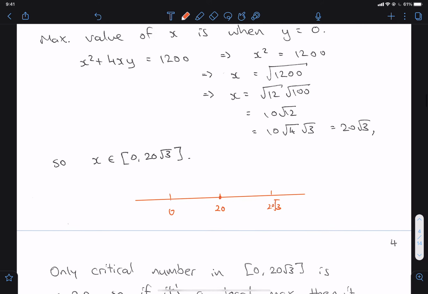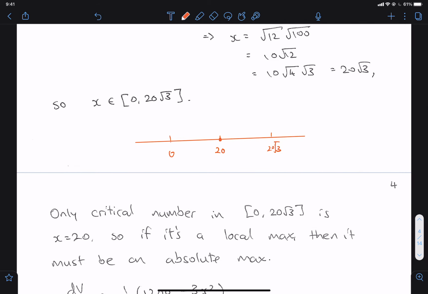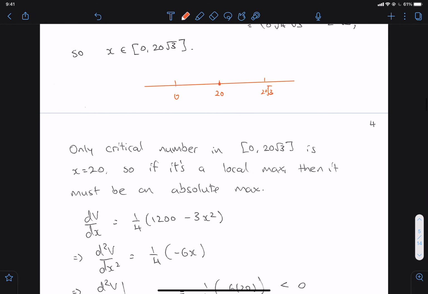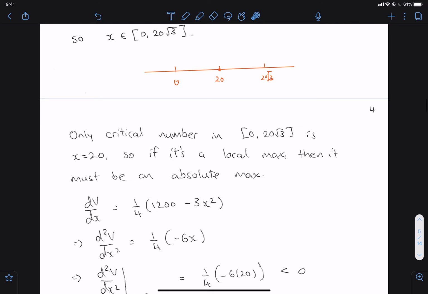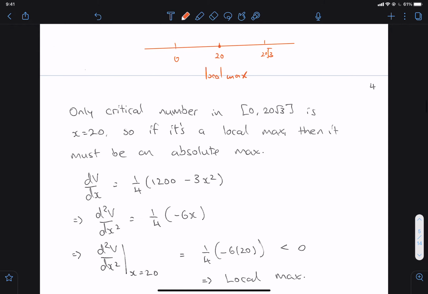This is going to be a local max or local min, we don't know yet. So we take the second derivative like before to test what kind of point this is. The second derivative is less than 0, so this must be a local max.